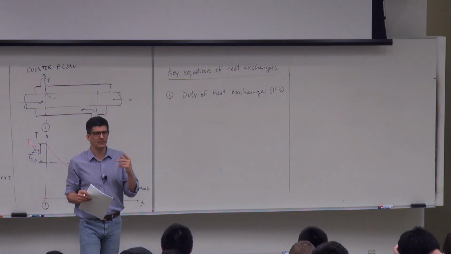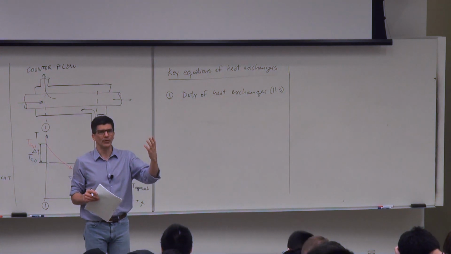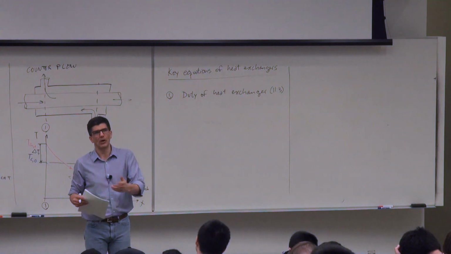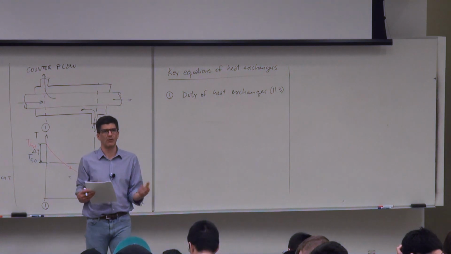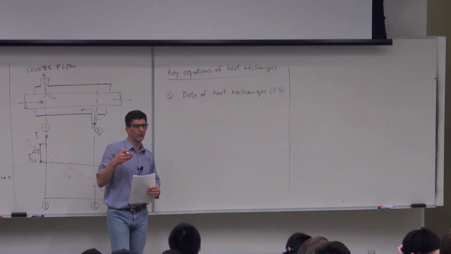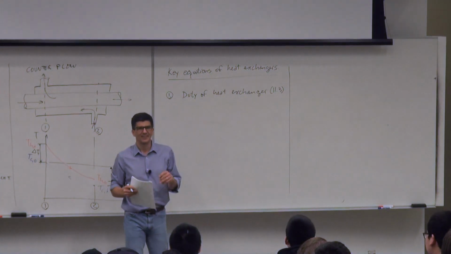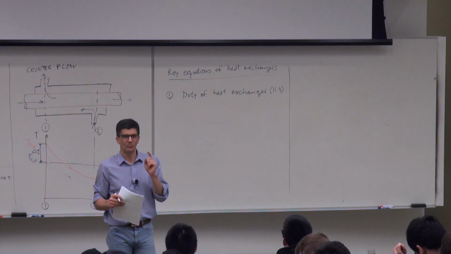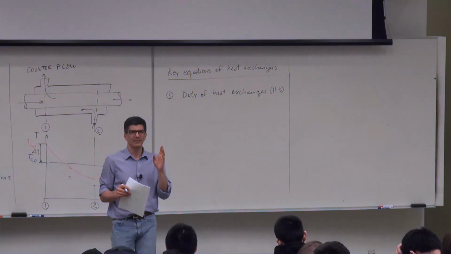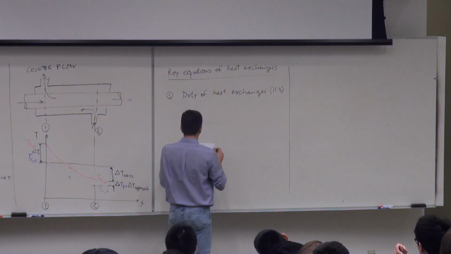Or you can see, okay, the hot fluid, how much temperature it lost. If I know how much temperature it lost, I know how much heat it lost. Or the cold fluid, how much temperature it gained, right? So that is an energy balance, which we did in the first week of class.